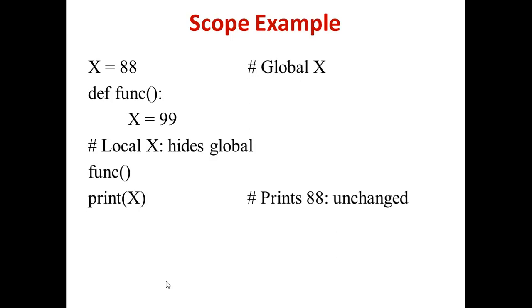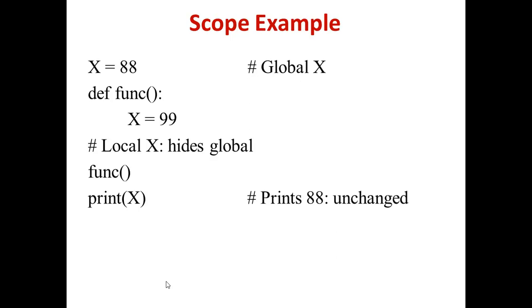Now we go with another example. Similar to the previous example, I have created a global variable called x, which has been assigned 88. Then inside my function func, I have reassigned the same x variable with another value, 99. That is a new value. Once you call this func and print that x value, the local value will be hiding the global.